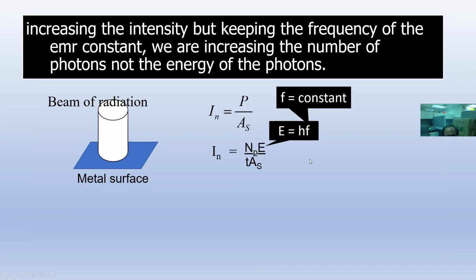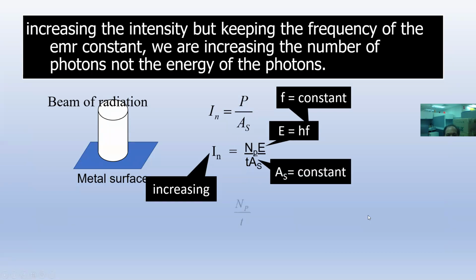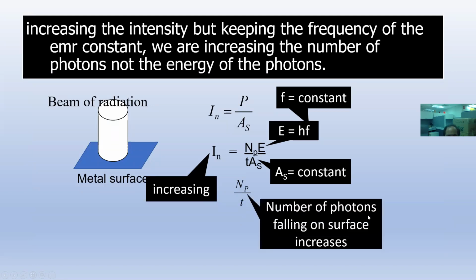So if we keep frequency constant and increase that one, how can we change that? Because our area is still the same, this one must increase. The number of photons falling on the surface must increase.